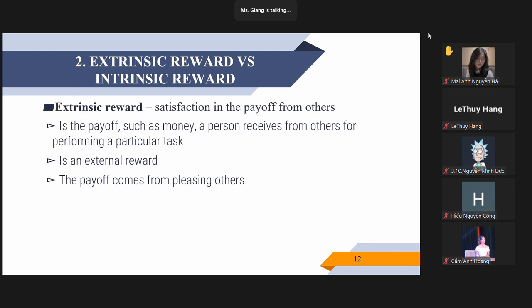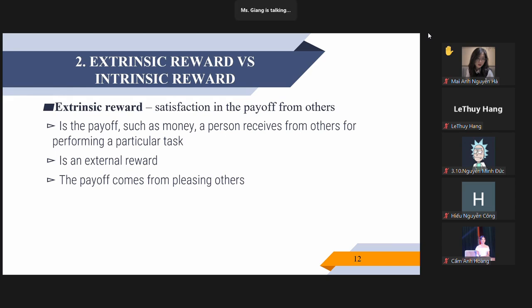However, in order to understand more deeply the nature of the two kinds of reward, we should understand the definition of these two kinds of reward. The first one is extrinsic reward. It is the satisfaction in the payoff from others. It means that you receive this reward from other people. It is the payoff, such as money, a person receives from others for performing a particular task.